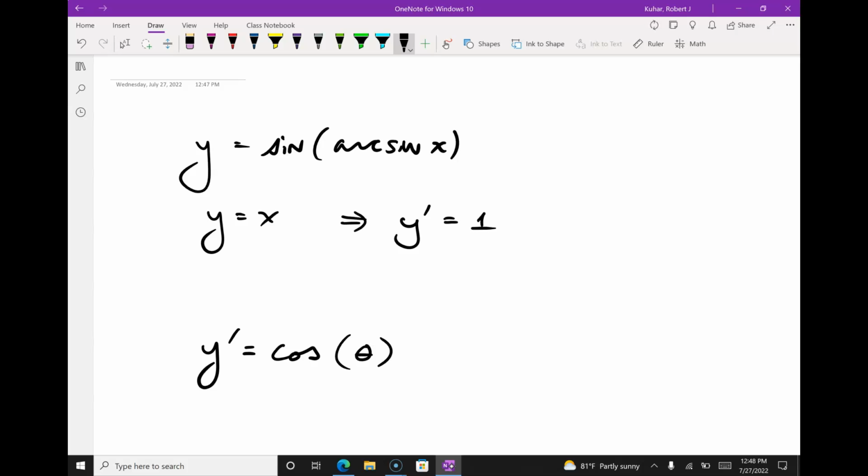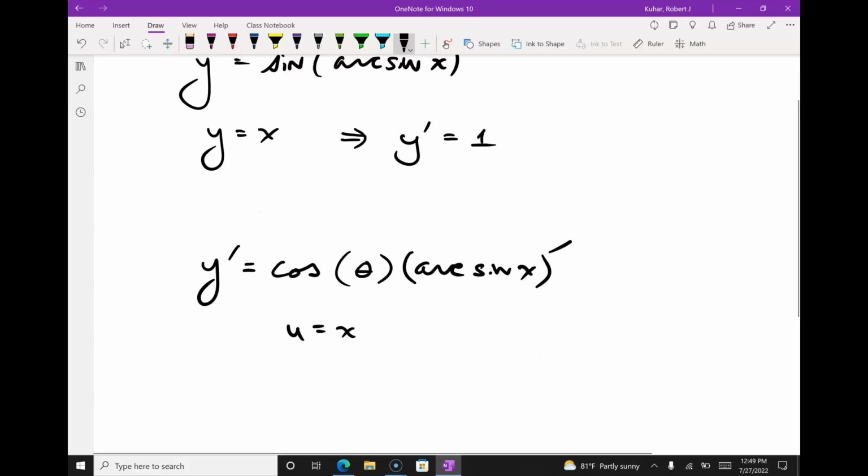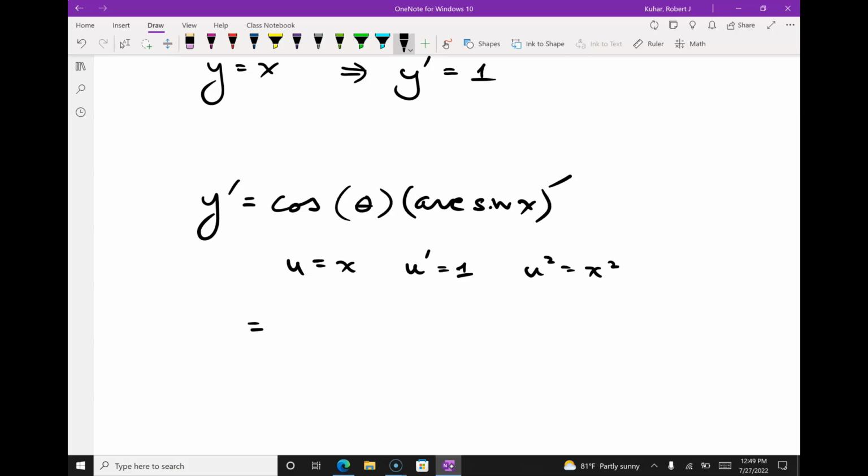But now the derivative of the arc sine of x, I need a u. Oh, that's just x, right? I need a u prime, which is 1, and I need a u squared. I'm sorry, I could have gone right to my problem here. Cos of theta times what? 1 over square root of 1 minus x squared, right?